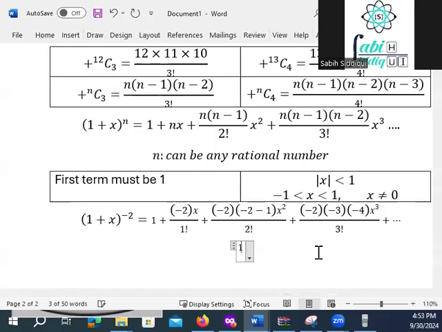Yes. 1. And then -2x. And then 3x square.